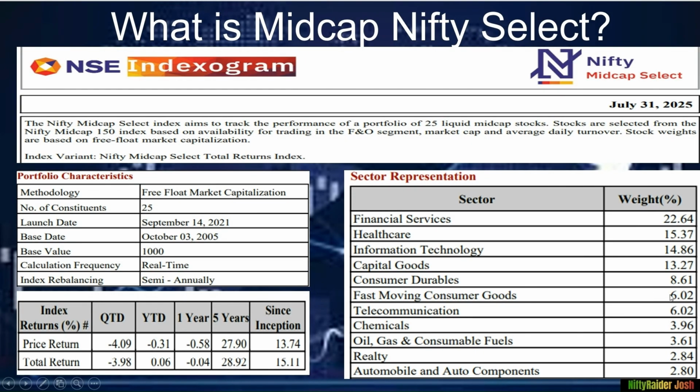Fast moving consumer goods is around 6.02. Telecom is around 6. Chemicals is 3.96. Oil and gas and consumable fuels is 3.6. The realty sector is also included, around 3%. Automobile and auto components is 2.8%.